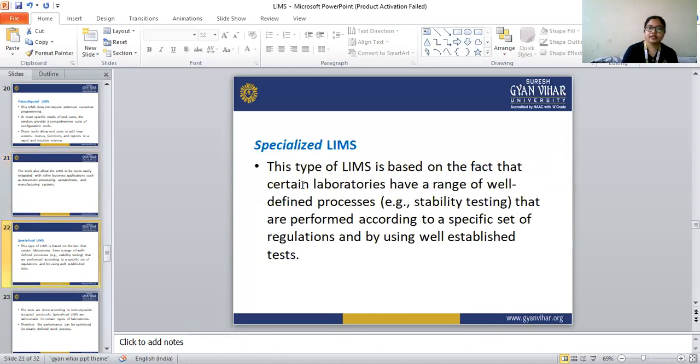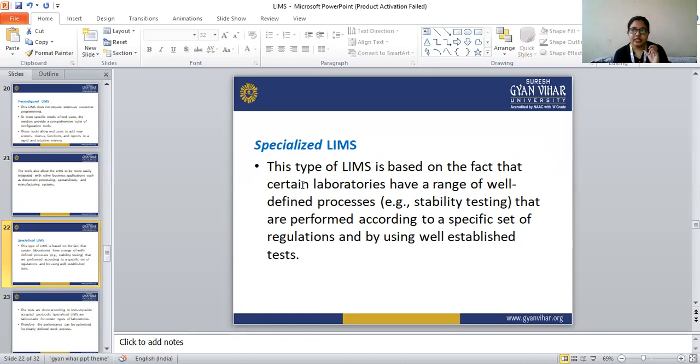Next is specialized LIMS. This type of LIMS is based on the fact that certain laboratories have a range of well-defined processes. For example, where stability testing is done, the laboratory uses this specialized LIMS.